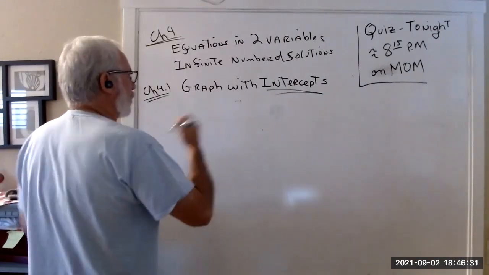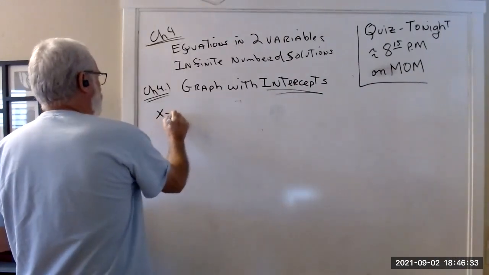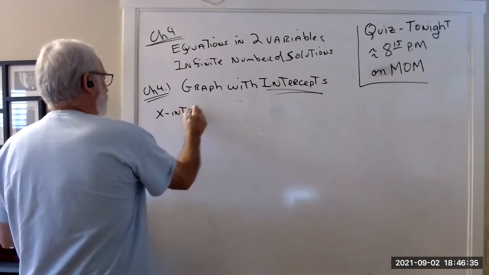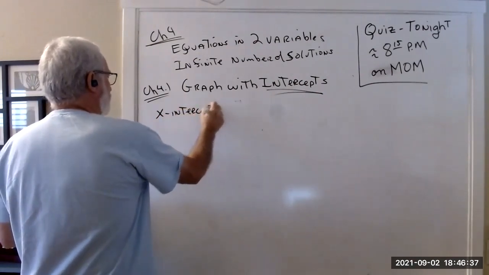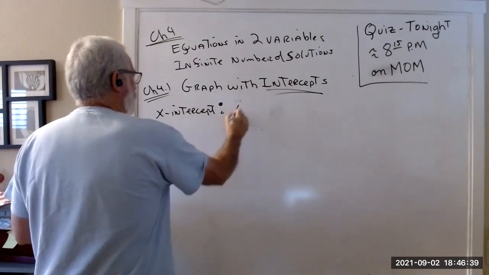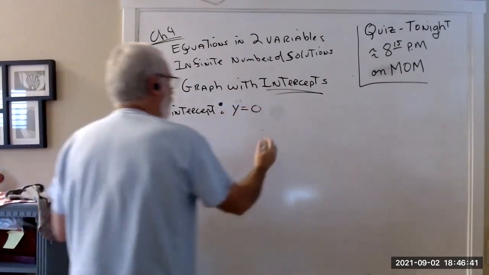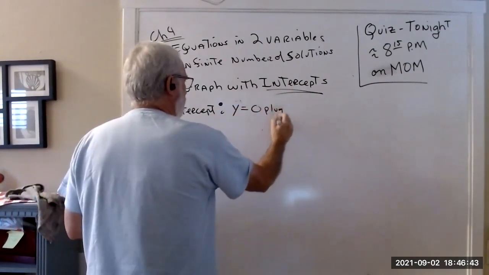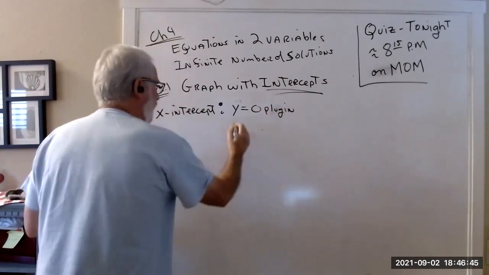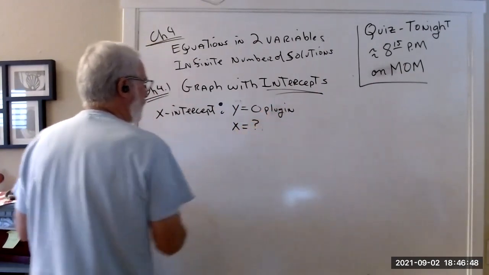And so what you have to bring to all of those problems is, when I say calculate or find or graph the x-intercept, you set y equal to 0 and plug it in and get x equals something we don't know.